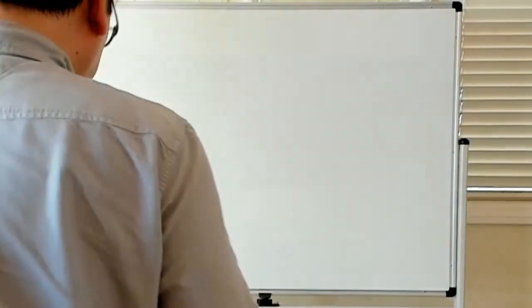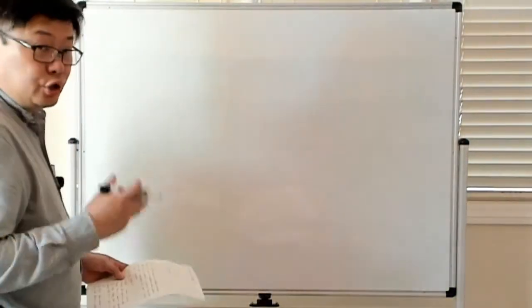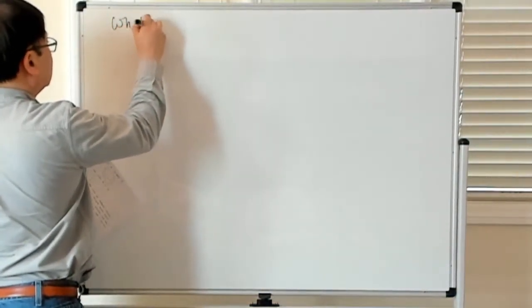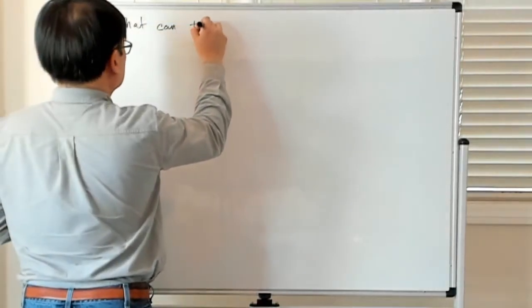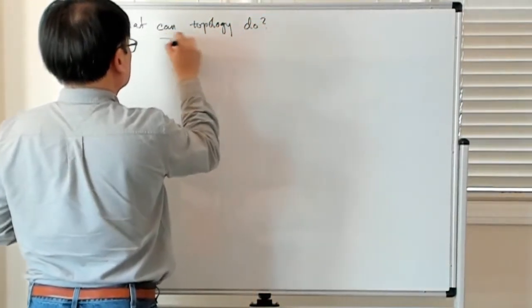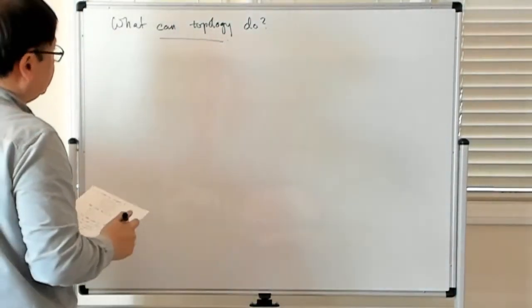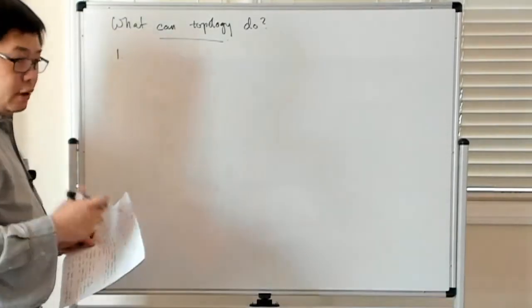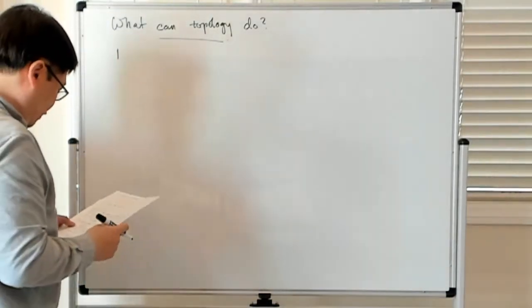Okay, so now we're going to discuss what topology can do for you. So what can topology do? We already briefly talked about this idea that topology can be used as a method for classification.